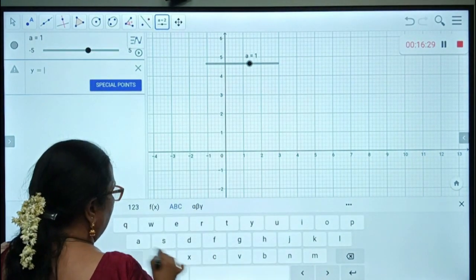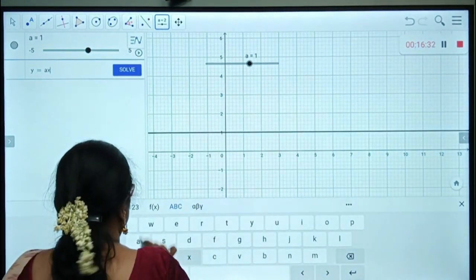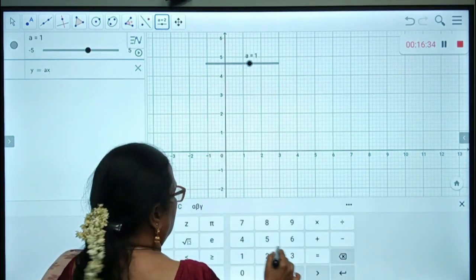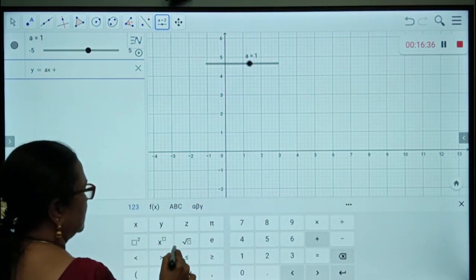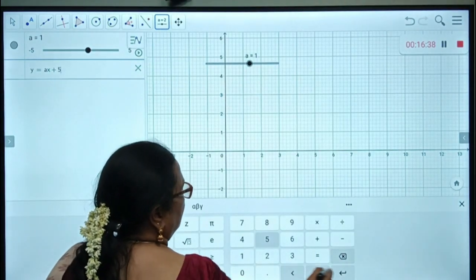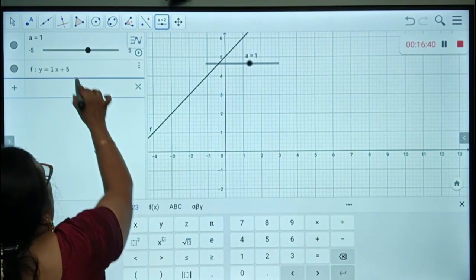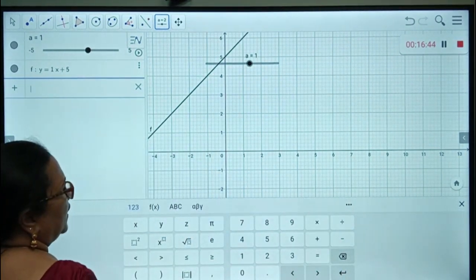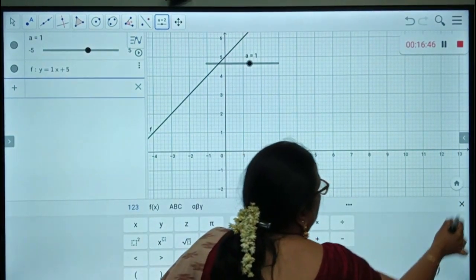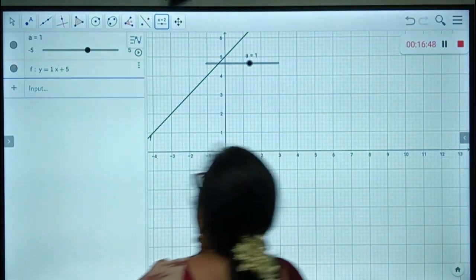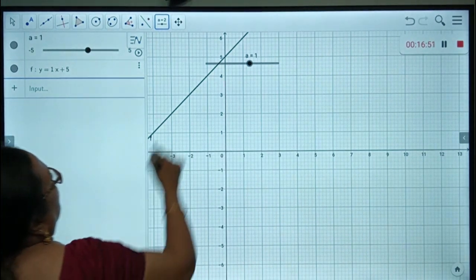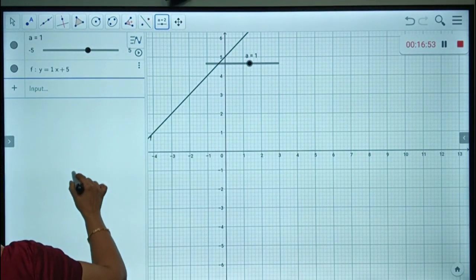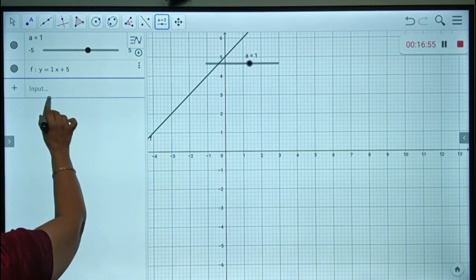A. So A x plus 5. So I got a straight line. Now this is the straight line, y equal to ax plus 5.